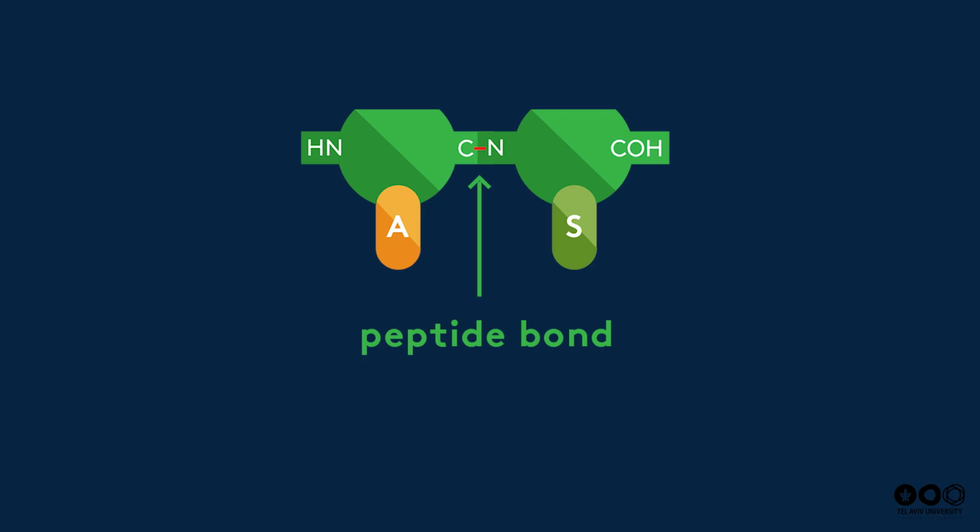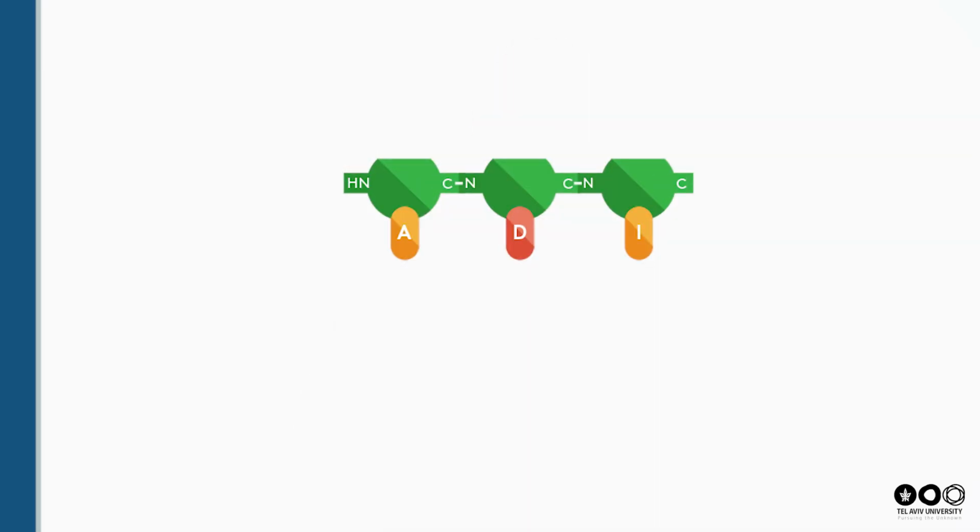Note that the dimer consisting of 2 linked amino acids retains an amine on one side and a carboxyl on the other, much in the same way as DNA and RNA maintain a 5' end and a 3' end. Indeed, proteins are directional, with an N terminus at their beginning and a C terminus at their end.